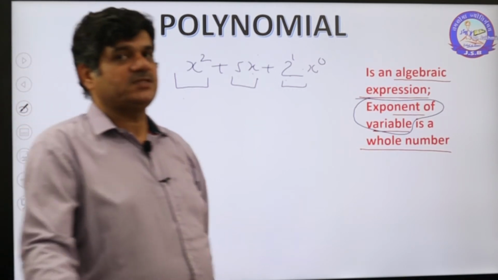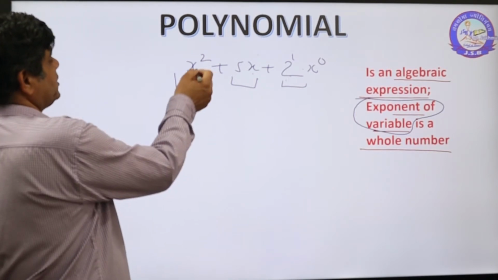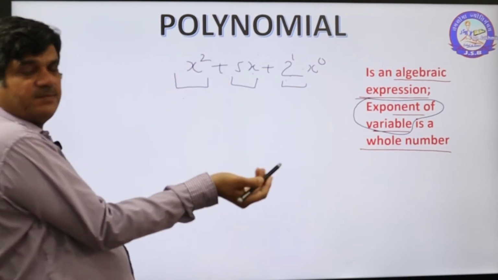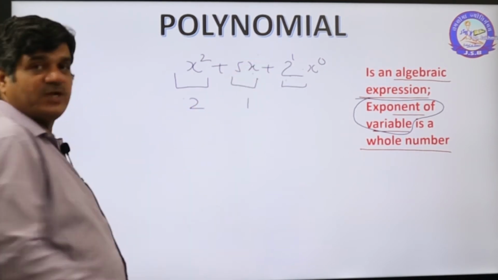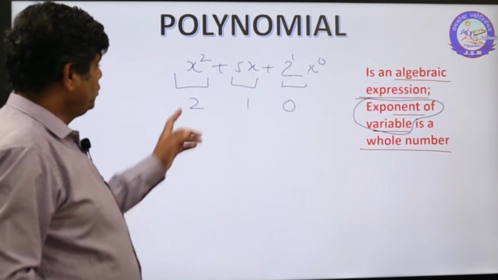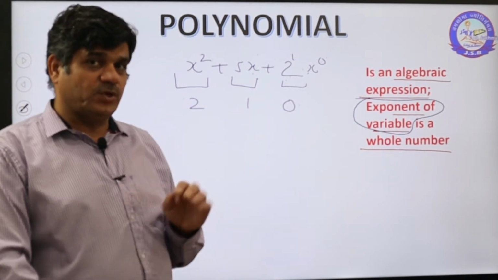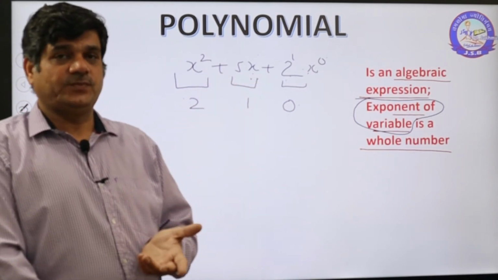See, let us understand it. Here, what's the exponent of the variable? x is the variable, its exponent is 2. x is the variable, its exponent is 1. x is the variable, its exponent is 0. 2, 1, 0, are all these whole numbers? Yes. So, it is a polynomial.